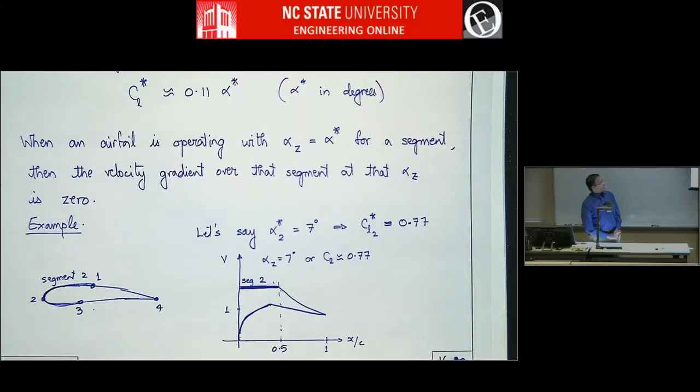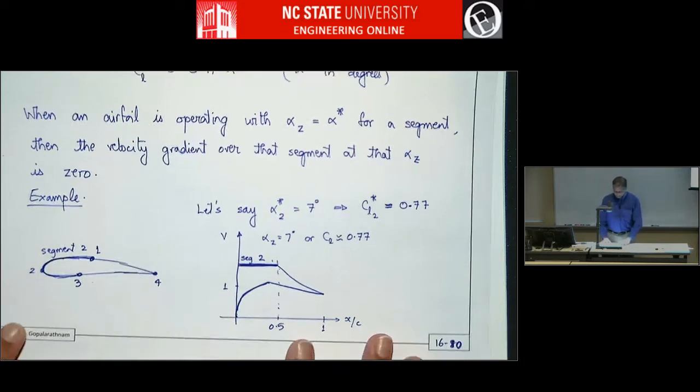The nice thing is, if you have an airfoil where some segment has some alpha star, and you analyze that airfoil at alpha z, which is the angle of attack relative to the zero lift line, or absolute angle of attack, and you set it equal to alpha star, then that segment will have zero velocity gradient.